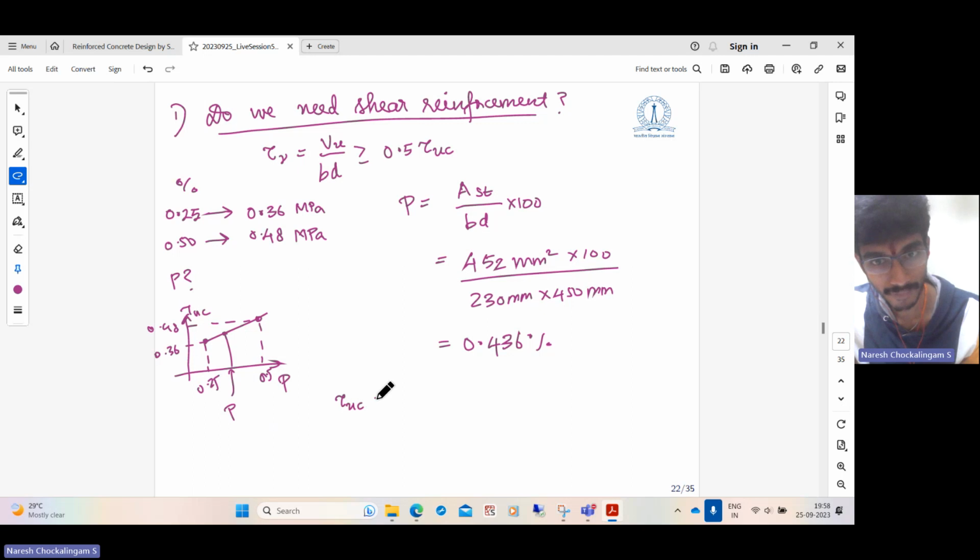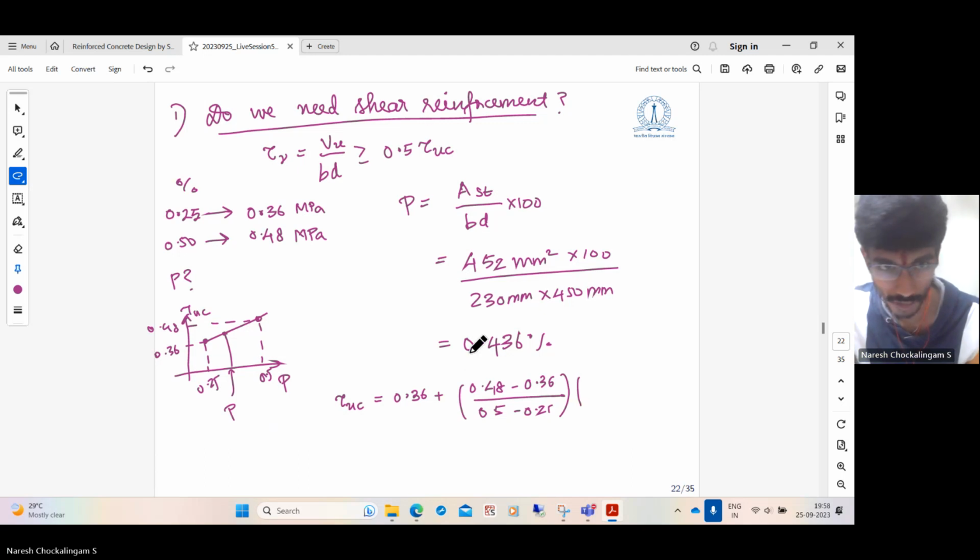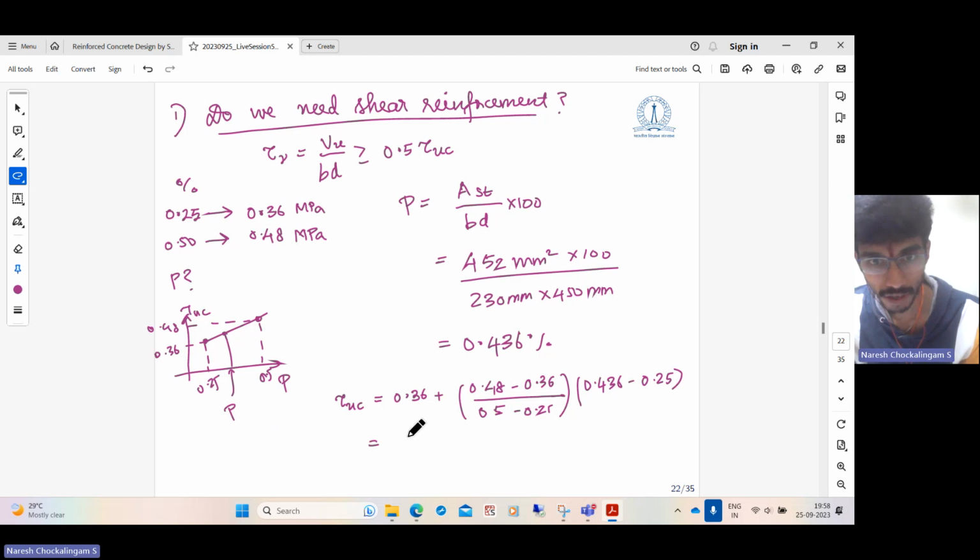So tau c in our case is nothing but the left side value 0.36 plus what is the slope of this line? 0.48 minus 0.36 divided by 0.5 minus 0.25 multiplied by what is this x distance? It is p minus 0.25. So it is 0.436 minus 0.25. What is this value? This comes out to be around 0.447 Newton per mm square.